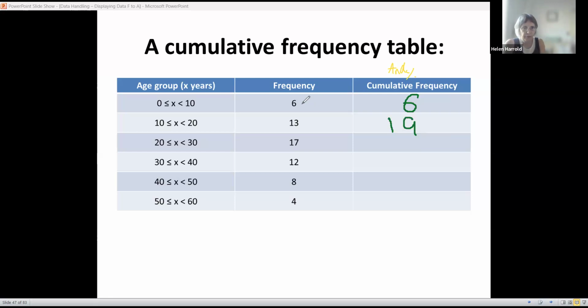So what he's doing, he's got 6, and he's adding 6 and 13, which is 19, adding 13 and 17. He's probably getting his calculator, and he's doing it in his head. Yeah, so you're adding those ones.